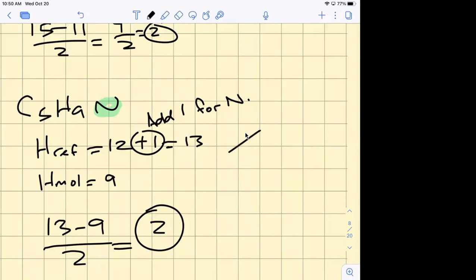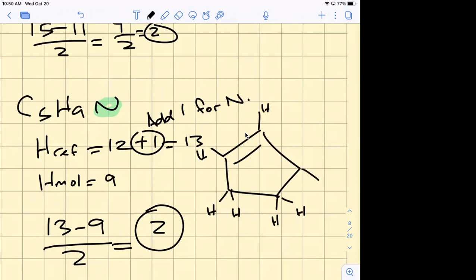All right, what if I did this? So if I have a 5-member ring and I put a double bond in the ring. That's my 2 degrees of unsaturation. So how many hydrogens is that? 1, 2, 3, 4, 5, 6, 7.